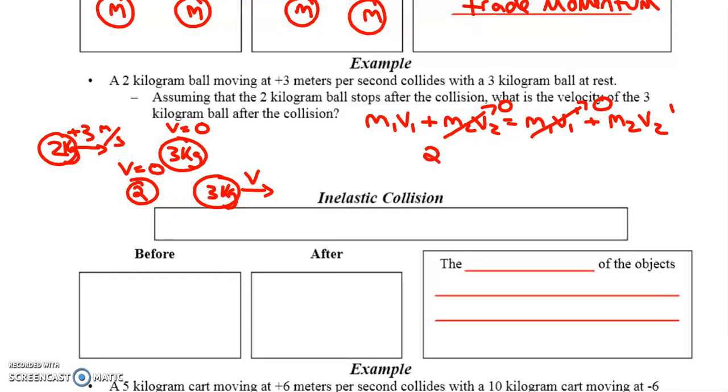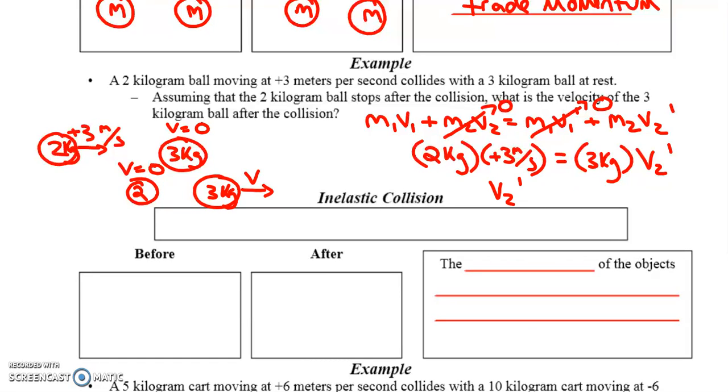We have the 2 kilograms before, times the positive 3 meters per second before, equals the 3 kilograms after times my unknown v2 prime. When you plug that in, you get v2 prime to be a positive 2 meters per second, meaning it's going in the same direction that the 2 kilogram ball was originally going.